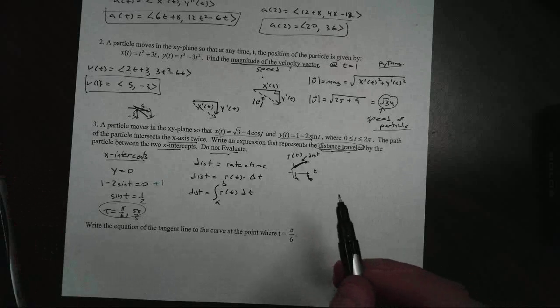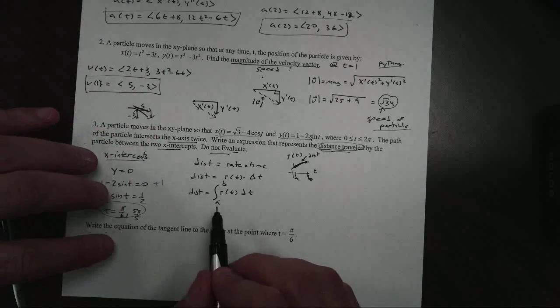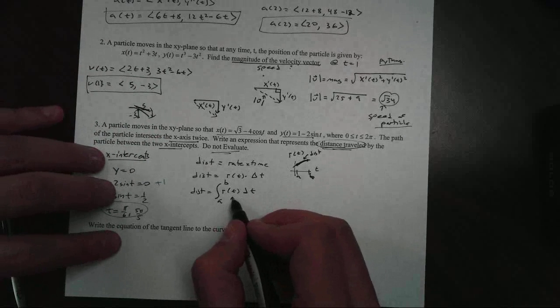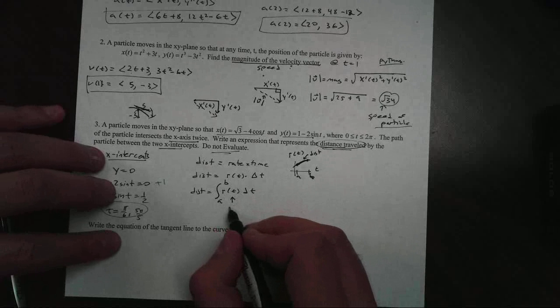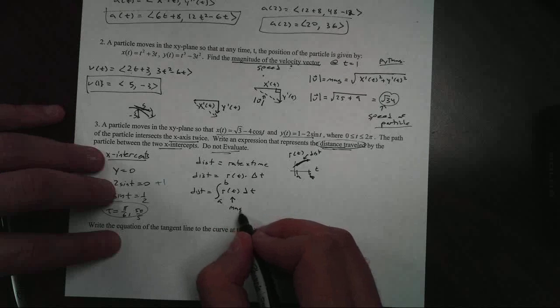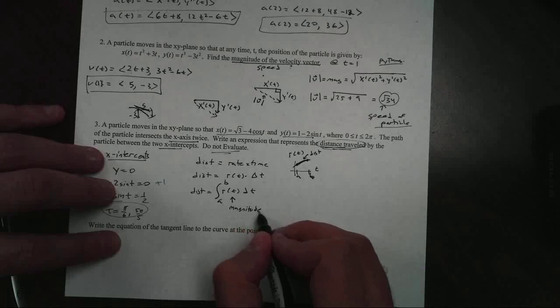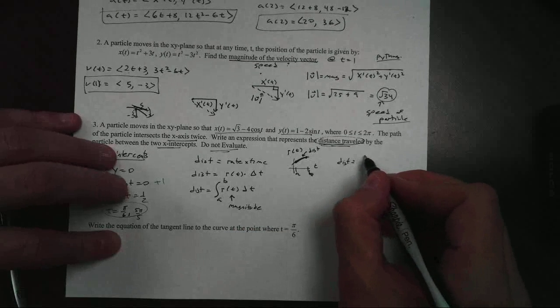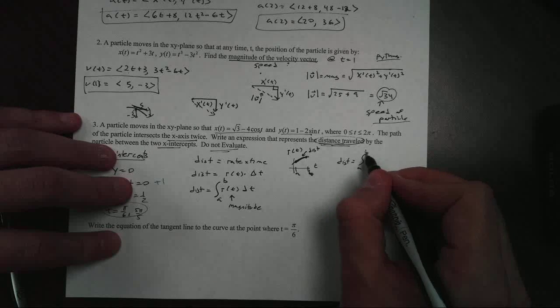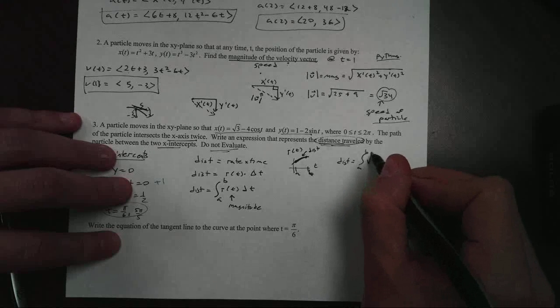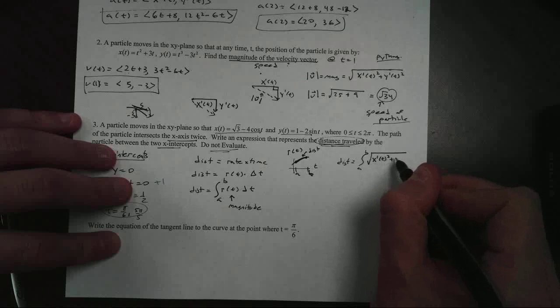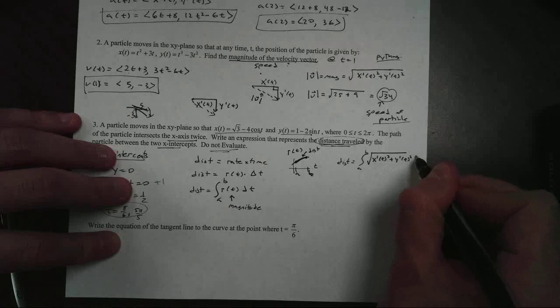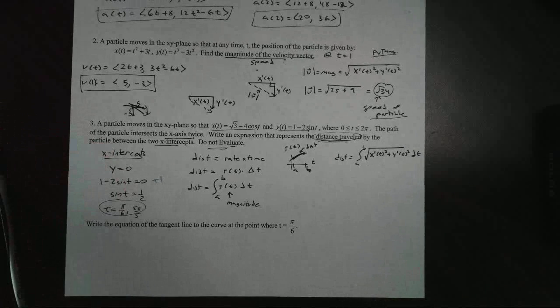Arc length is a little different in parametrics and polars in that they're independent from each other. So in this case, r of t is our magnitude. I could write distance from A to B as the square root of x prime of t squared plus y prime of t squared. Don't forget your dt.